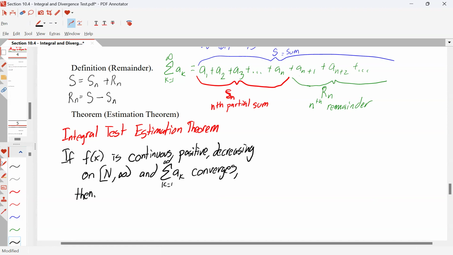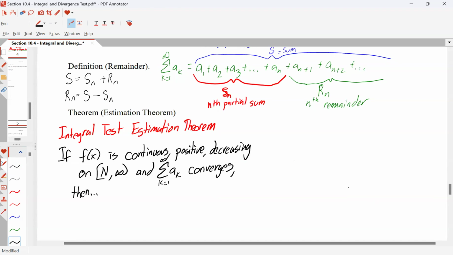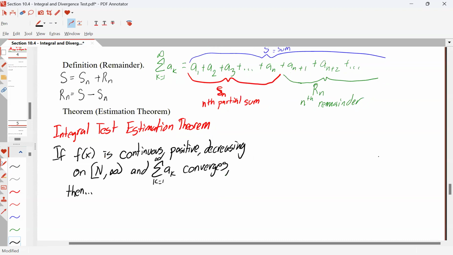Then, before we fill in this then, we're going to look at some pictures. We're comparing a series against an integral. So we're wondering about this n plus 1 term onward. We're wondering, how can I compare this remainder?